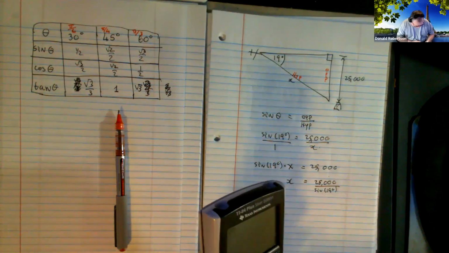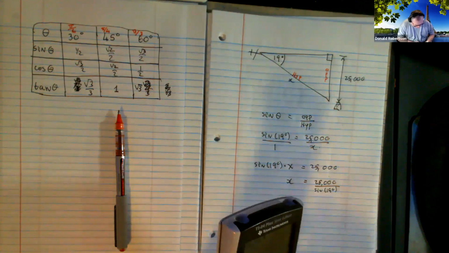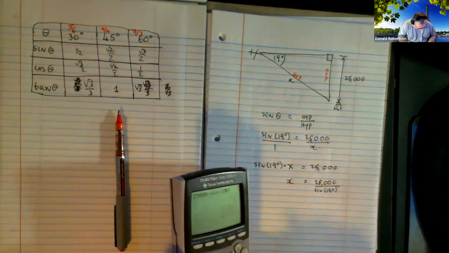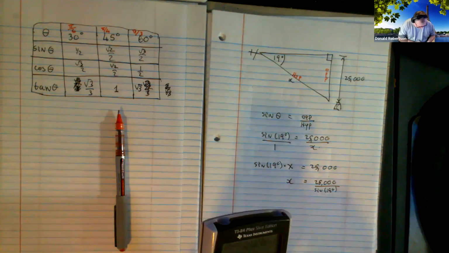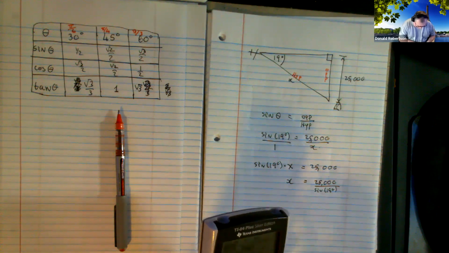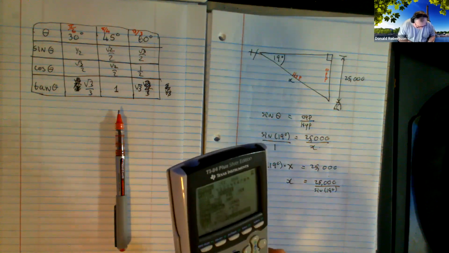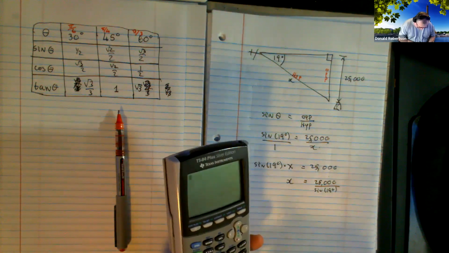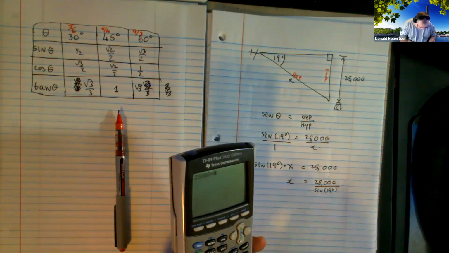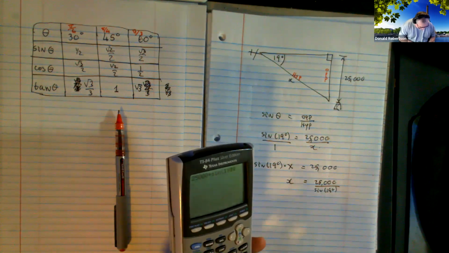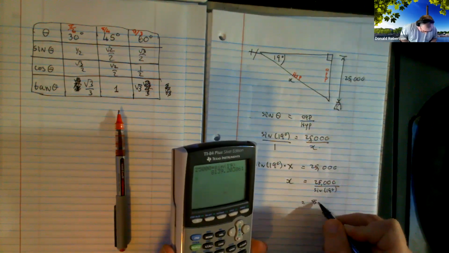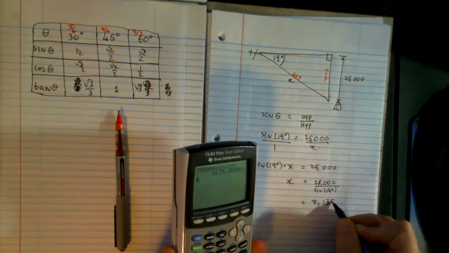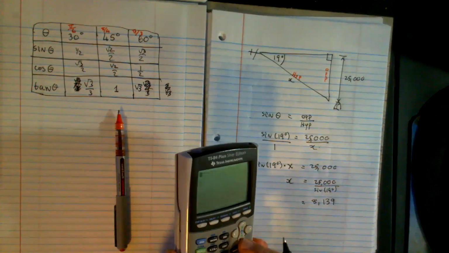So 25,000 divided by the sine of 19. Let me check that I'm in the right mode. I am, good. Oh, clear that. That was just a really big number. 25,000 times the sine of 19. That isn't right, it's division.